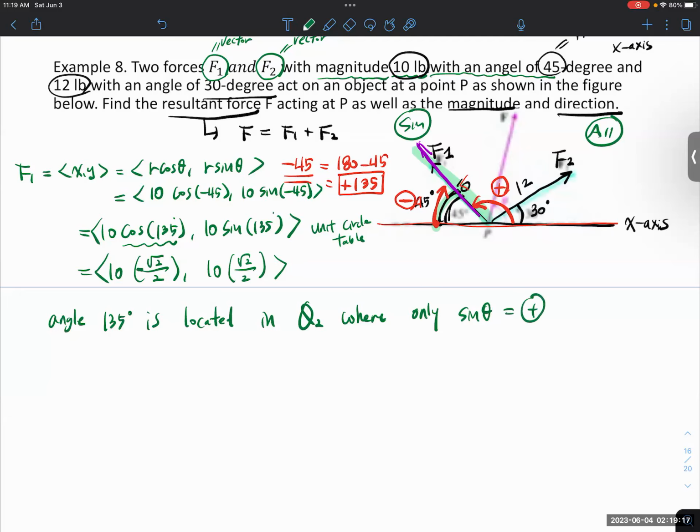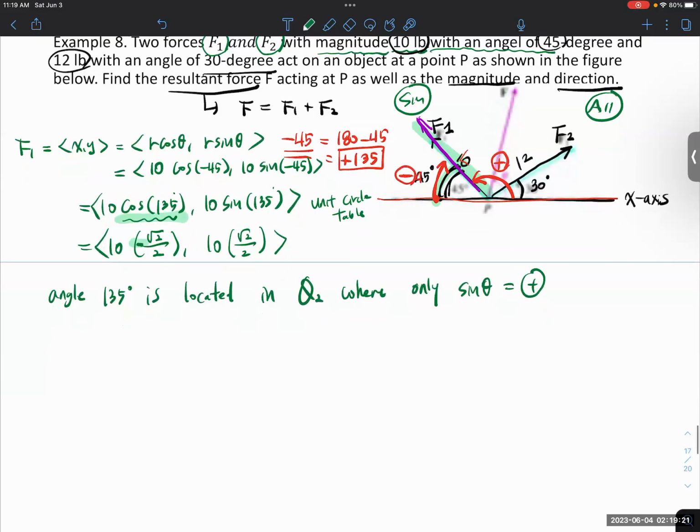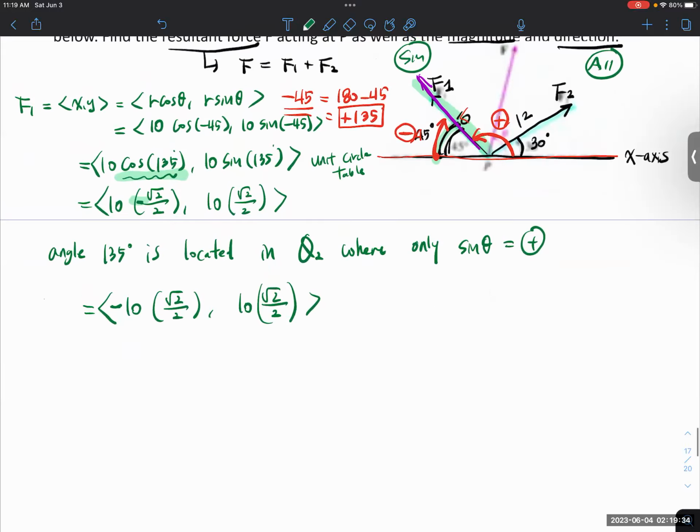So therefore, cosine should be negative there. Does it make sense? So therefore, we have 10 times negative radical 2 over 2, comma, sine positive. So therefore, F1, we got it: negative 5 radical 2, positive 5 radical 2. So that's your F1 vector.